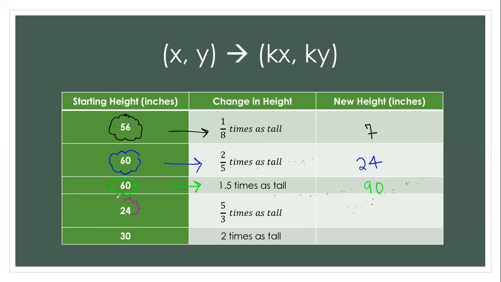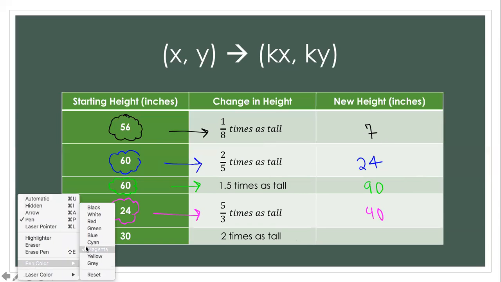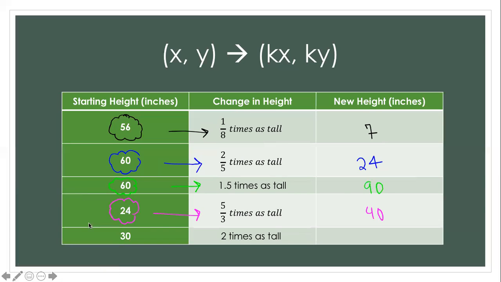Let's say something was 24 inches, and I want it to be 5/3 times as tall. 24 times 5/3 is 40. And let's say I have something that was 30 inches and I want it to be 2 times as tall. 30 times 2 is 60.